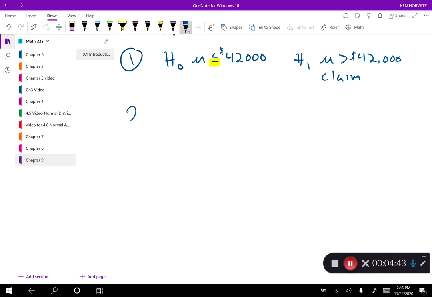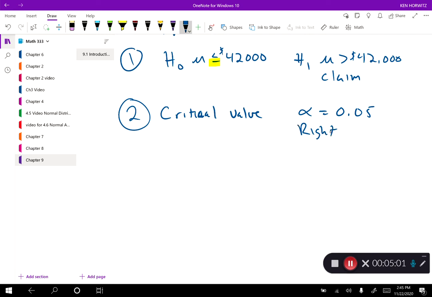All right, so number 2, we want our critical value. Our alpha equals 0.05, and it's a right tail test. So we can draw a very quick picture.